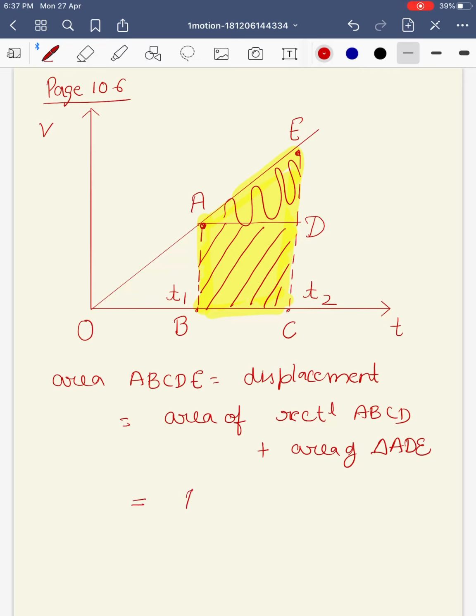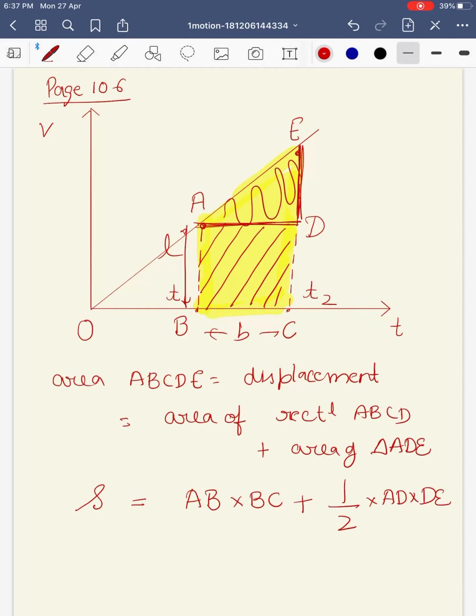Area of rectangle is always length into breadth, AB into BC. Area of triangle is half base into height. Correct. Here the base of the triangle is AD and height is ED. If we talk about rectangle, this is the length and this is the breadth. So this complete area will be equal to displacement.